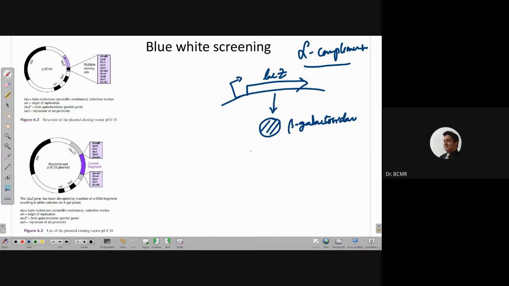What it can also do is, if we add X-gal, beta galactosidase will convert it into a blue compound. X-gal is almost colorless, and upon the action of beta galactosidase, it will produce a blue colored compound. That is one way to distinguish between, as I said before, you can have two markers if required, in one of the properties of vectors.